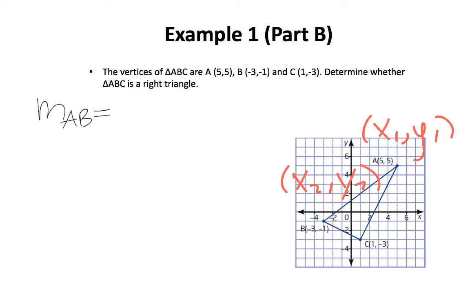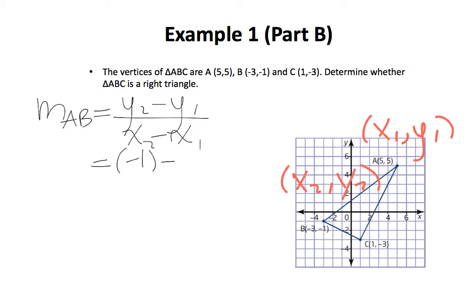So that's side AB. Next, I'm going to substitute in my known values. So instead of y2, I'm going to put in -1. And instead of y1, I'm going to put in +5. Instead of x2, I'm going to put in -3. And instead of x1, I'm going to put in +5.